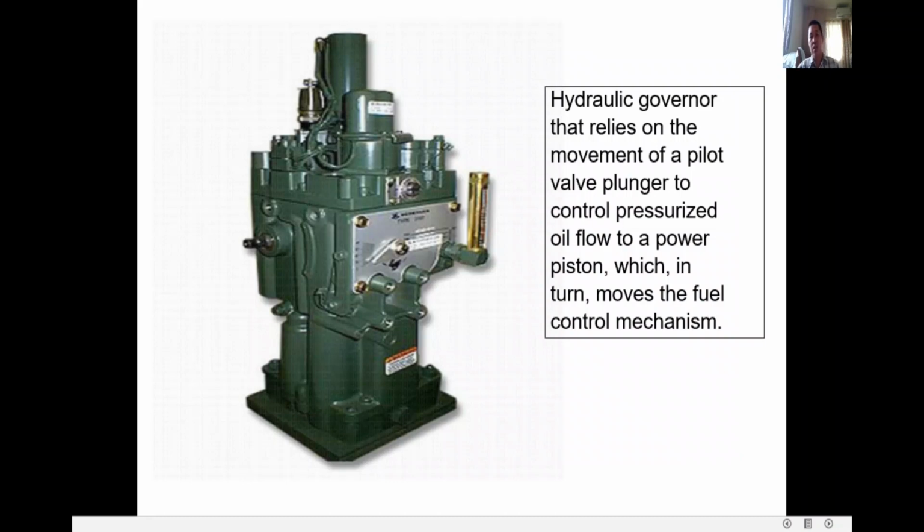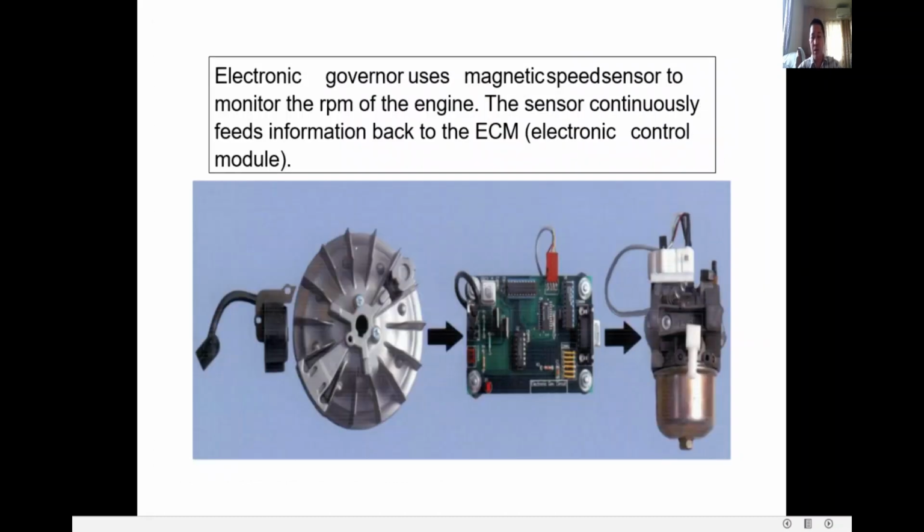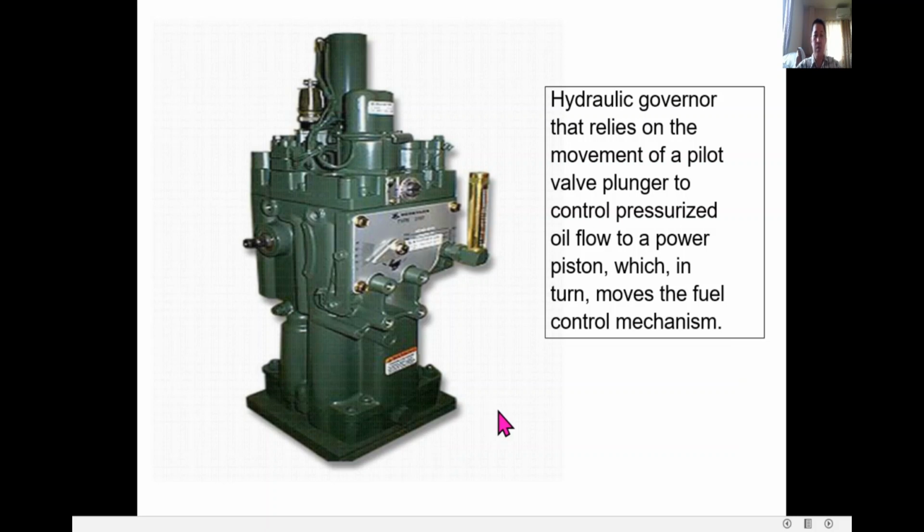So this is hydraulic governor, most commonly used in marine diesel engine, especially the diesel generator. Hydraulic governor relies on the movement of the pilot valve plunger to control pressurized oil flow to a power piston, which in turn moves the fuel control mechanism.